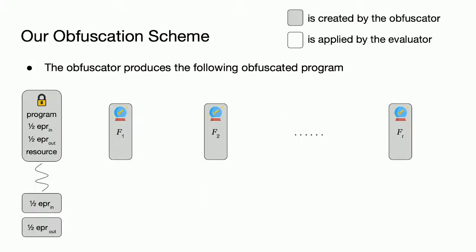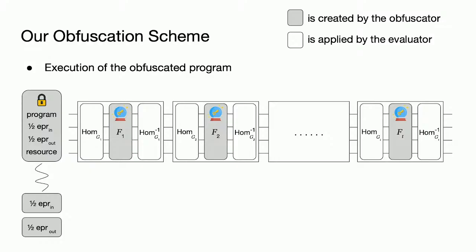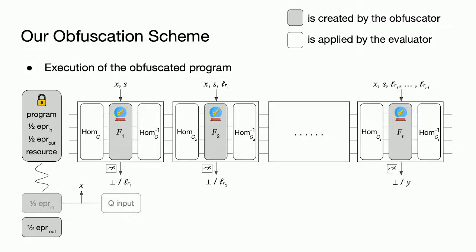So let's put everything together. The obfuscator will produce states on the left and several classical oracles together as the obfuscated program. And to execute the program, the evaluator will first teleport the input using EPR to produce a classical outcome, perform homomorphic computation on the ciphertext, and then use the final oracle output Y to recover the quantum output.